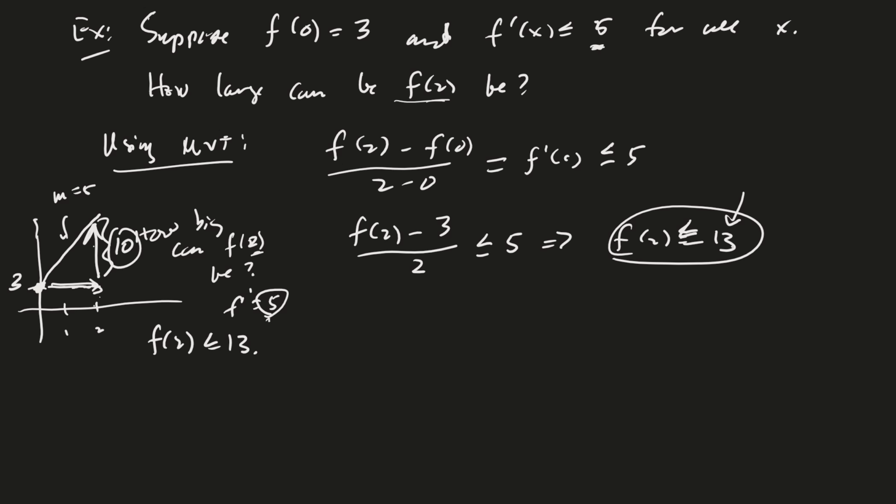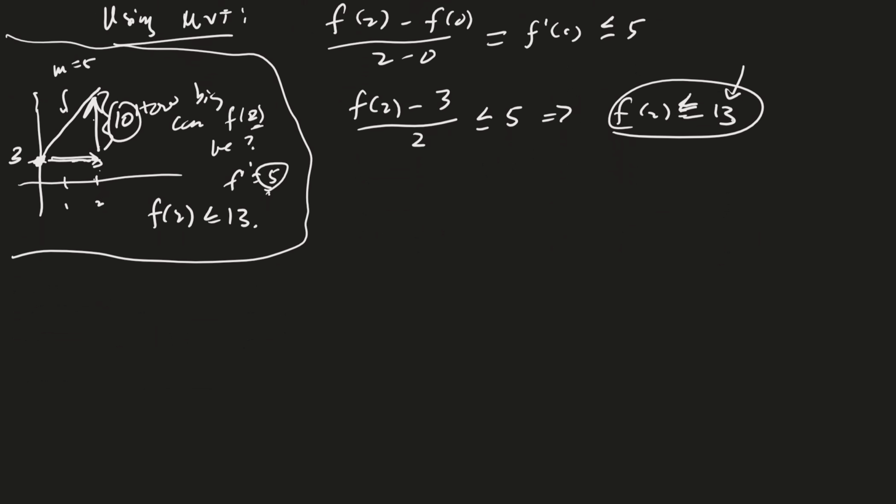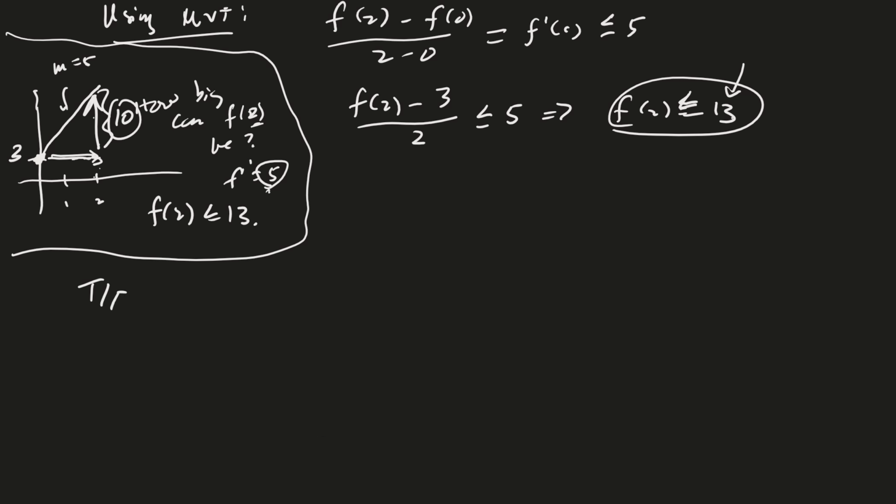Good. Okay, so that's kind of the underlying reasoning as well. All right, let's try another example. True or false? If f prime of x equals 0 for all x, then f of x is constant.